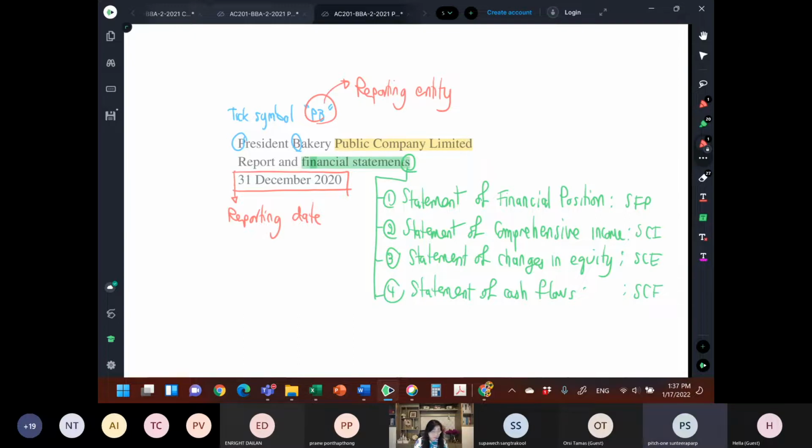What is a reporting entity? It's the company that provides a report to the interested parties. So it's the company that prepared this statement, the company that reports this information. That's the reporting entity.